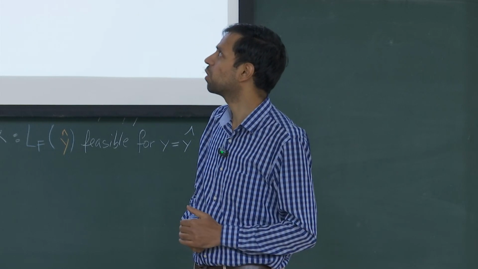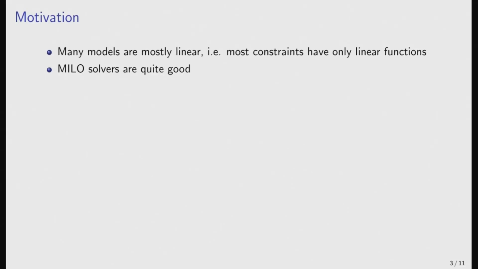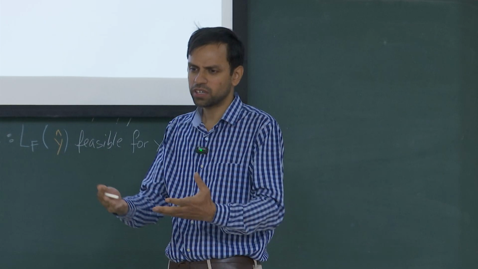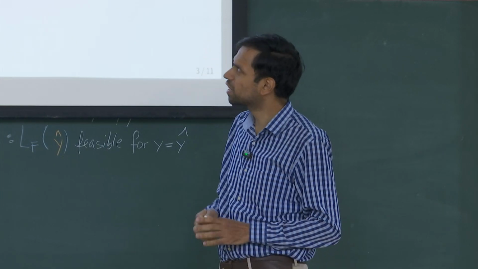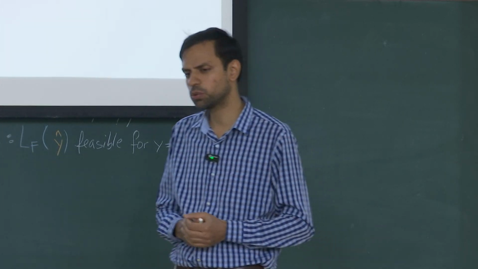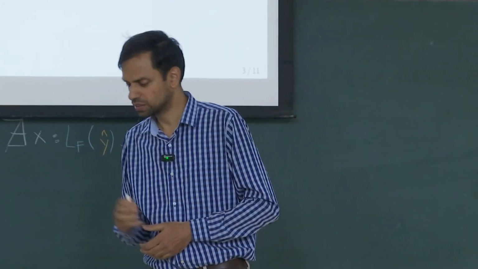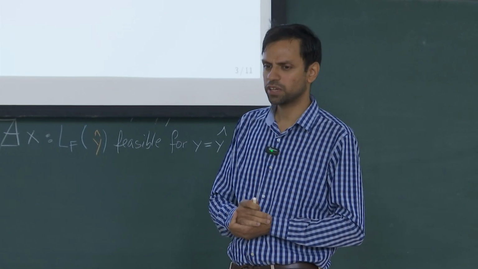Also, mixed integer linear optimization solvers are quite good. MILO in the worst case takes exponential time, it is NP-hard, and in theory these solvers can take a very long time, and you can write models which take a very long time. But in practice, for moderately sized problems with few integers, these solvers tend to be really good.